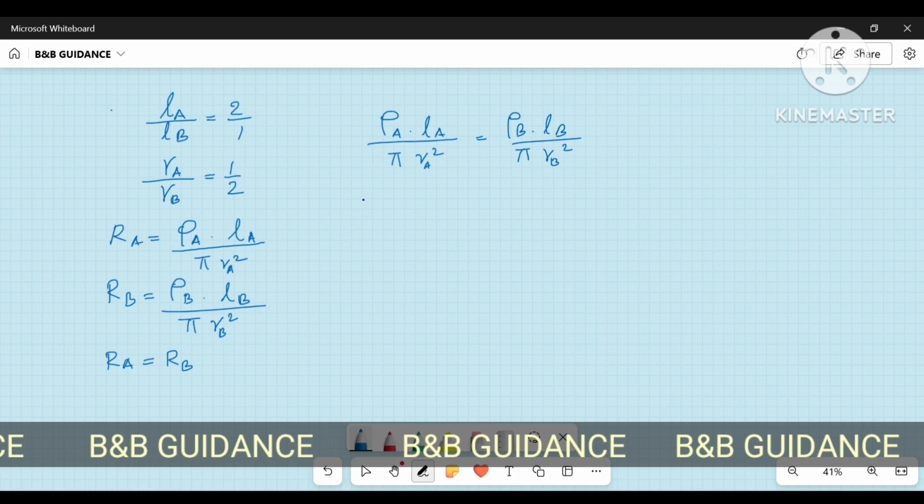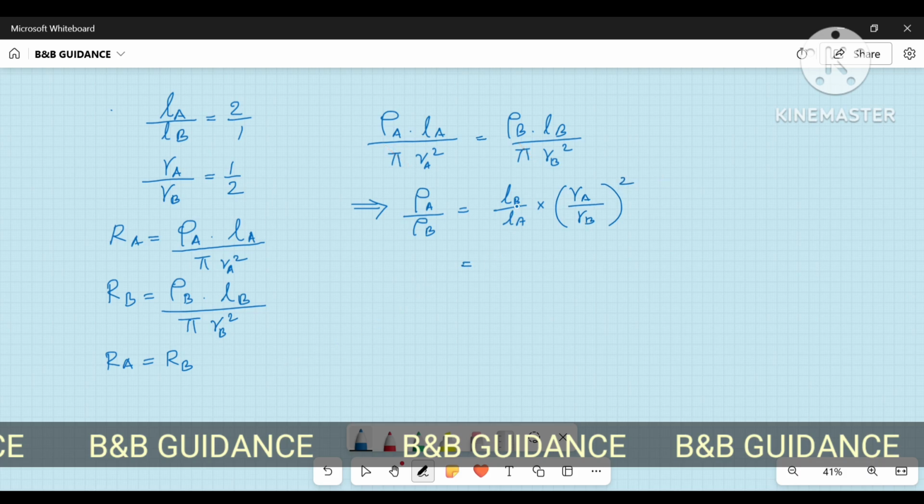So the ratio of specific resistance, that is rho A by rho B, is equal to Lb by La into Ra by Rb the whole squared.